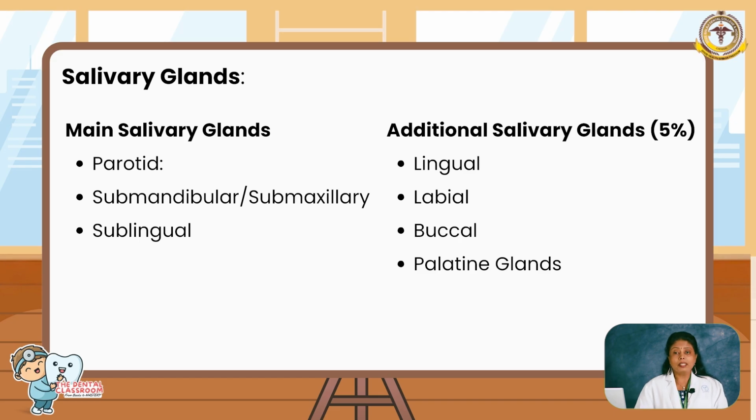There are 3 main salivary glands: parotid, submandibular, also called submaxillary, and sublingual, and minor glands like lingual, labial, buccal and palatine glands.